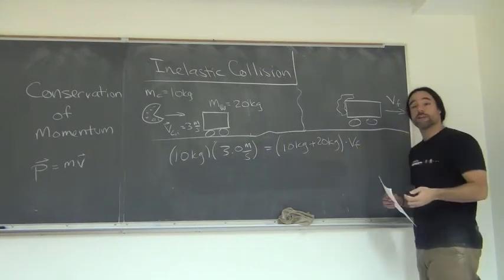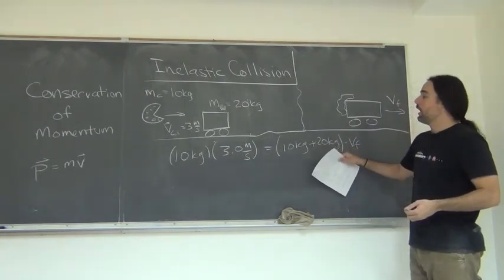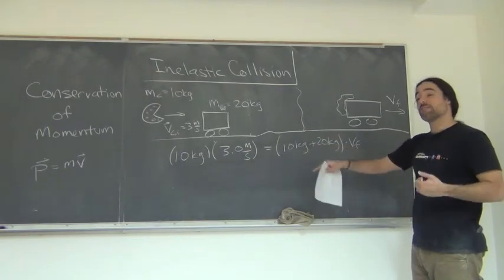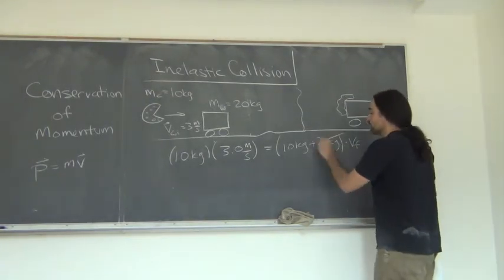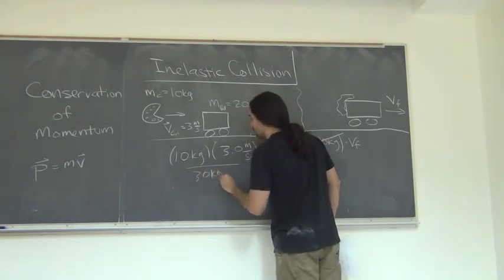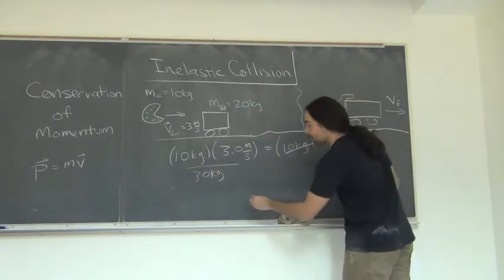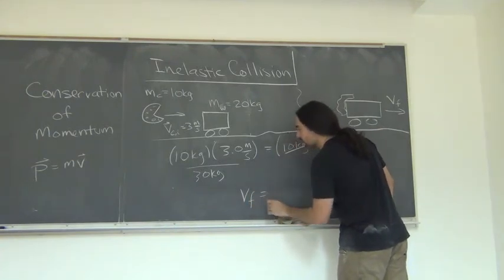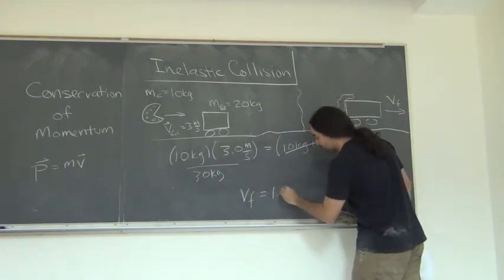So in total we have 30 kilograms. And if I move that over to the other side, I'd be dividing by 30 kilograms. So we'll just take this guy, move it over to the other side. Doing out my math, you should see that V final is going to equal 1 meter per second.